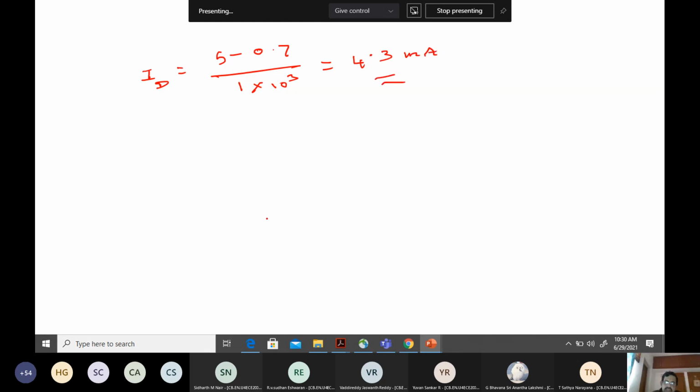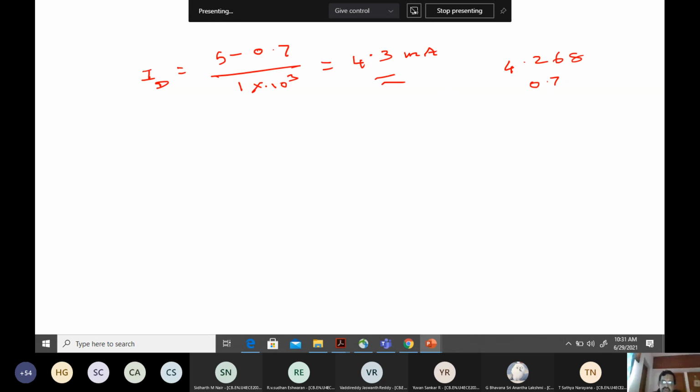Now look at the same problem when we did it last time. With the iterative method we got something like 4.268, and some 0.74 or something it came. It was not exactly 0.7, but a little more.